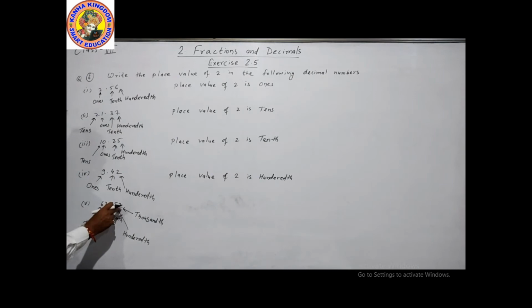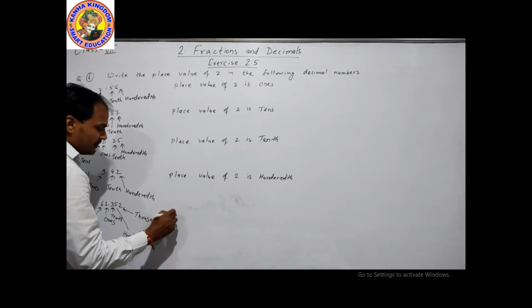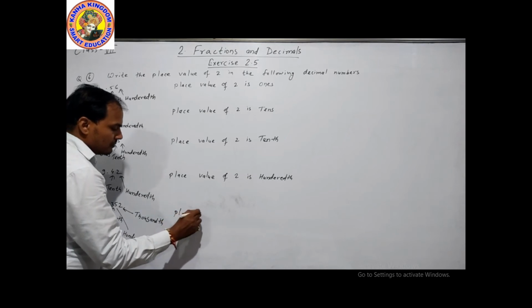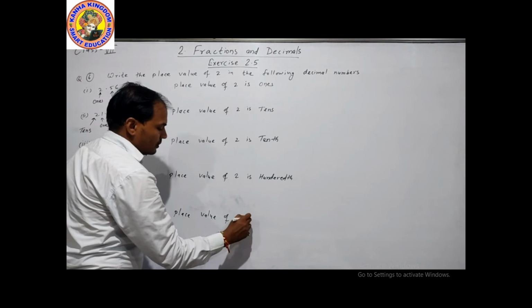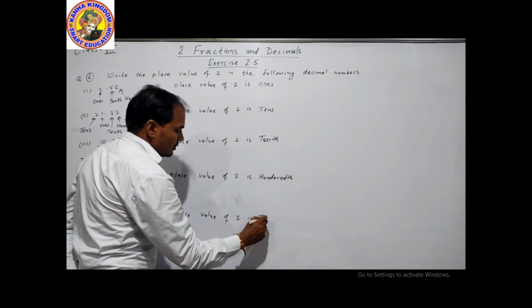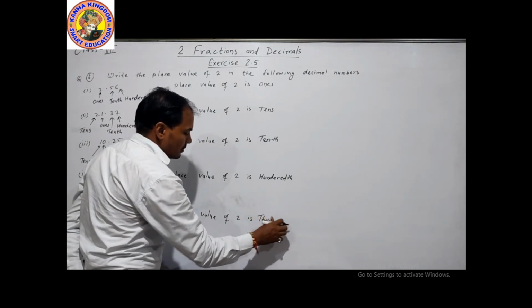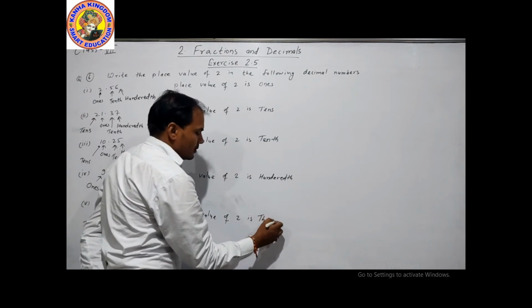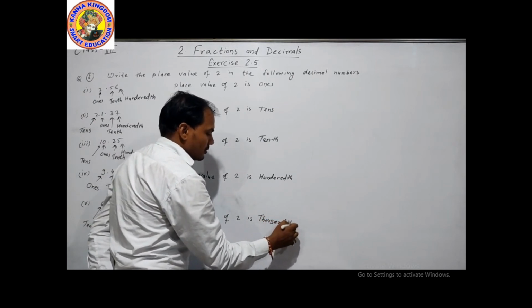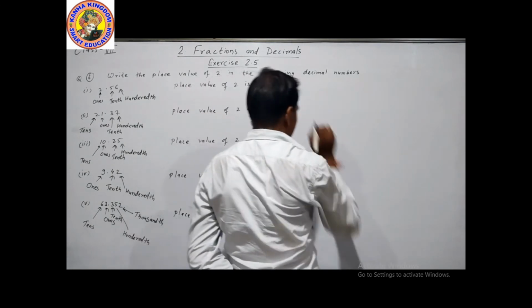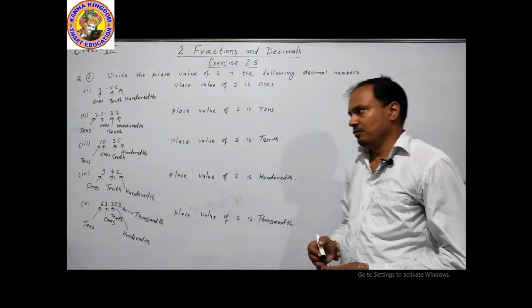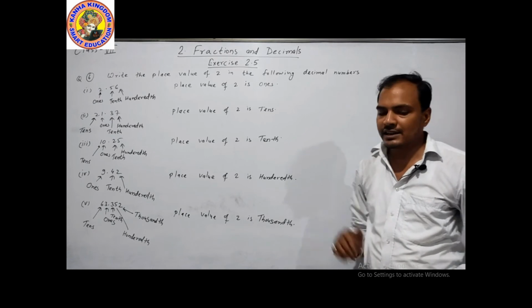Now where is 2 situated? 2 is situated at thousandth. Place value of 2 is thousandth. You can take a screenshot of this. We will move to our next question.